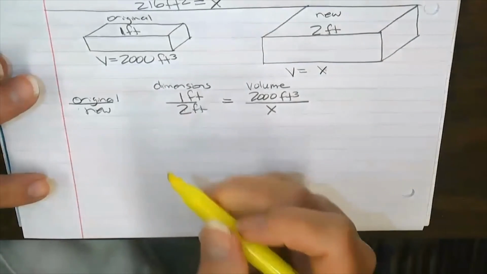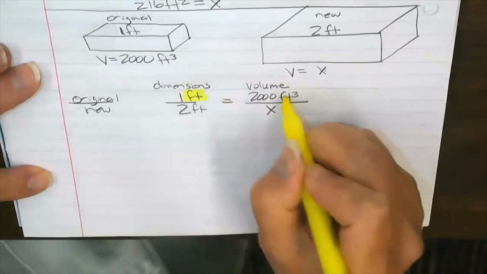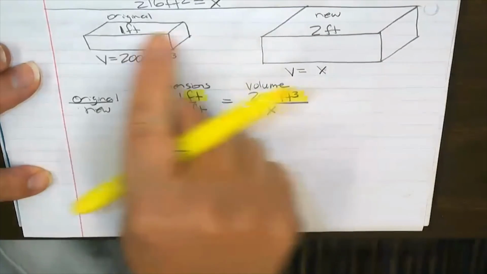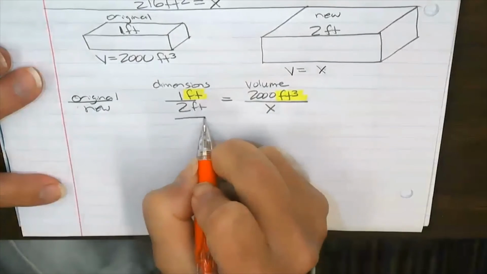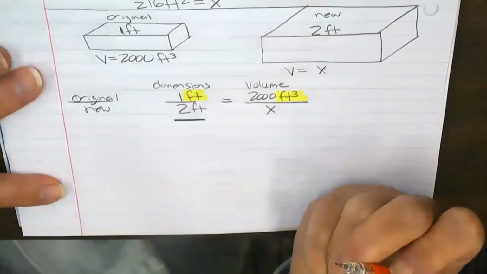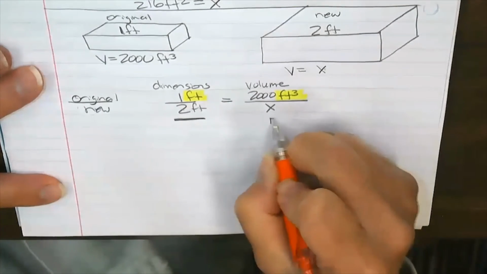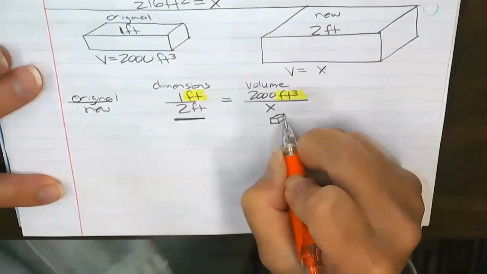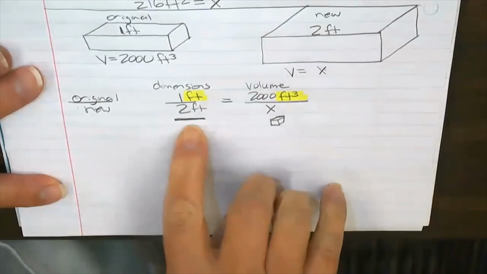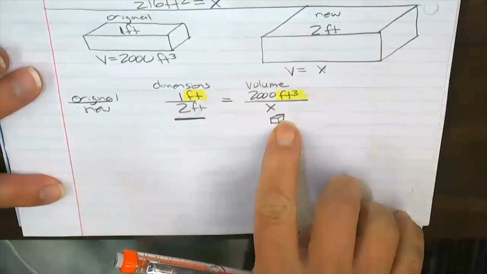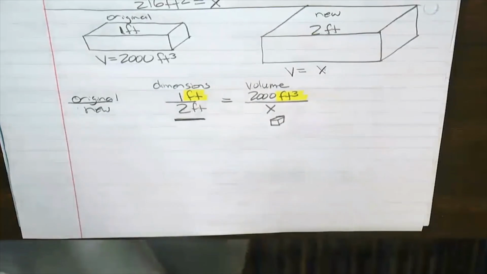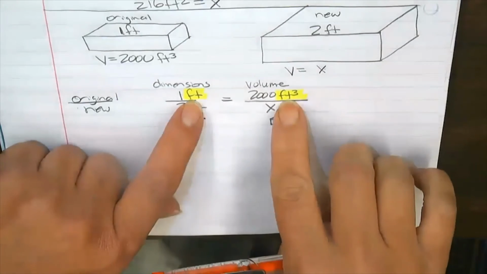But let's take a look. I'm trying to compare feet, which is a line. Feet is linear. It's a line. To feet cubed, which is 3-dimensional. A line is not equal to a cube. So I need to find a way to find like units.